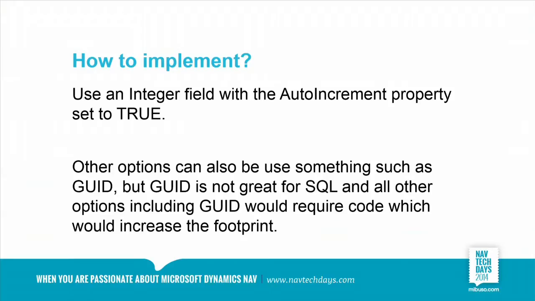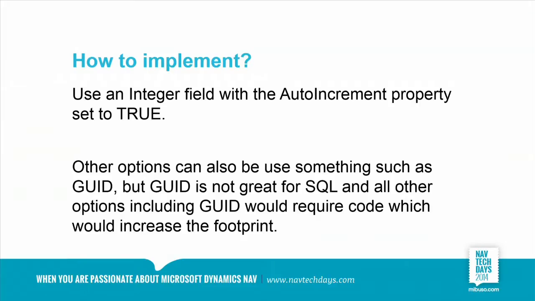So how could I implement this? Well, what I came up with was to use the auto increment property. So just create one field on a table that's a surrogate key, turn the auto increment on, integer field, and do it that way. I considered things like GUIDs. GUIDs are not great on SQL.